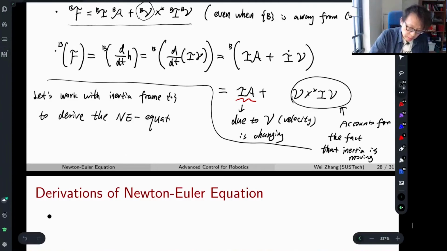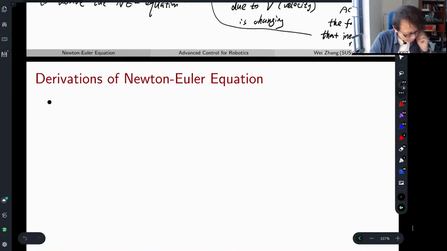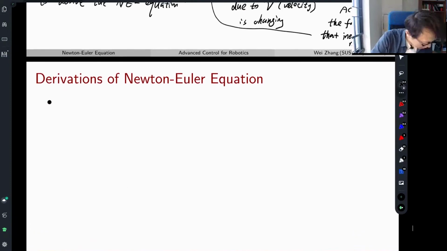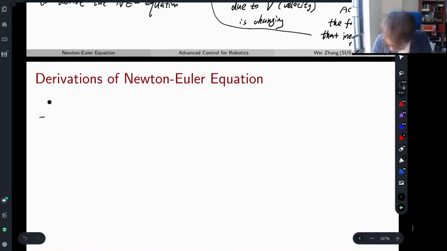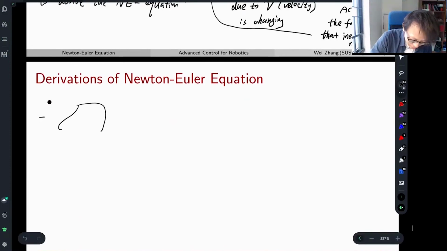I'm not sure whether we derived it before, but let's do it as an exercise for all the spatial algebra we introduced so far. That would take some effort. Hopefully we can finish. I don't think so, by the way.